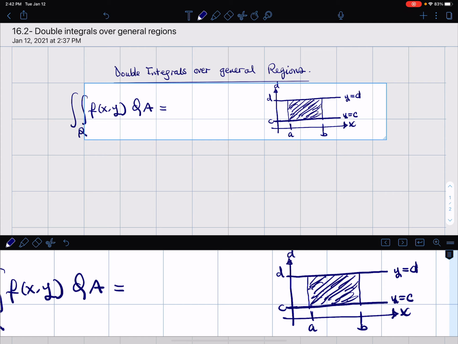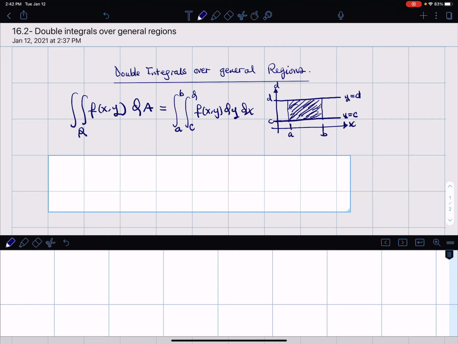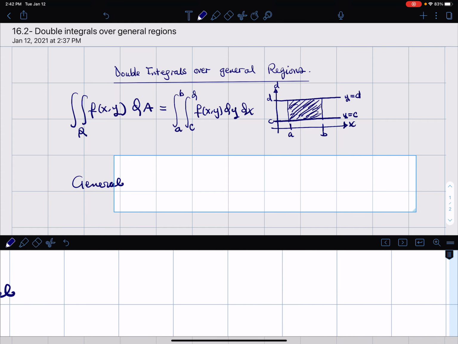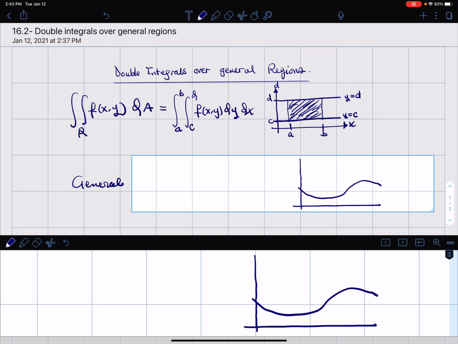And when we did this, we said this is the integral from C to D of f of x, y, dy, and then A to B dx. Now, a general region would be if instead of the function being a straight line, you now have on the y-axis a function like this. So instead of y equals c, it's no longer a constant function.